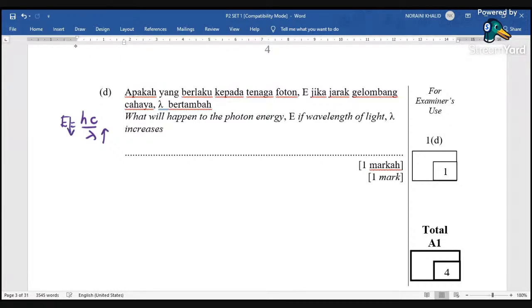So the photon energy decrease. Okay, based on this formula, E inversely proportional to lambda.